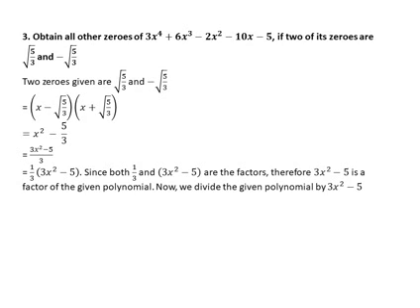The given polynomial should be divided by 3x square minus 5. So now our dividend is 3x power of 4 plus 6x cube minus 2x square minus 10x minus 5. Our divisor is 3x square minus 5.